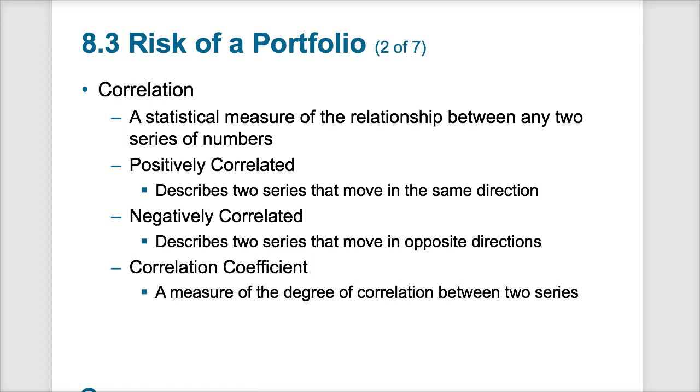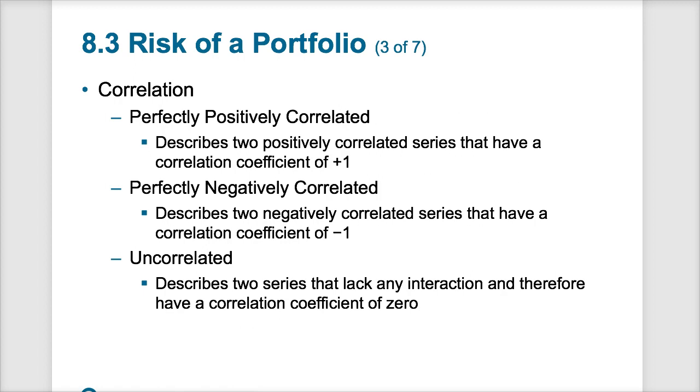When we look at stocks, we want to track the movement of the stock price. Perfectly positive correlation would be a perfect one, the handcuff scenario, where two people are always in the same place together. Or it could be two assets that always have the same return. Perfectly negative correlation would be two assets that have perfectly opposite returns. So one asset makes 10%, the other asset is negative 10%.